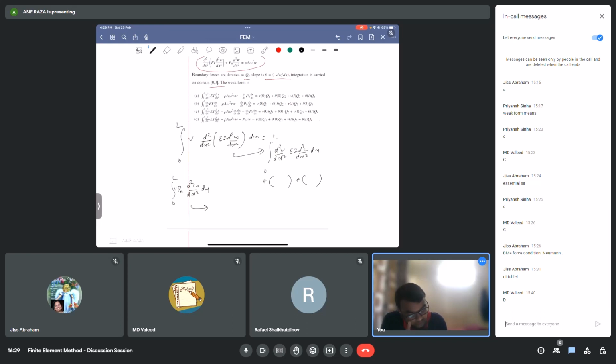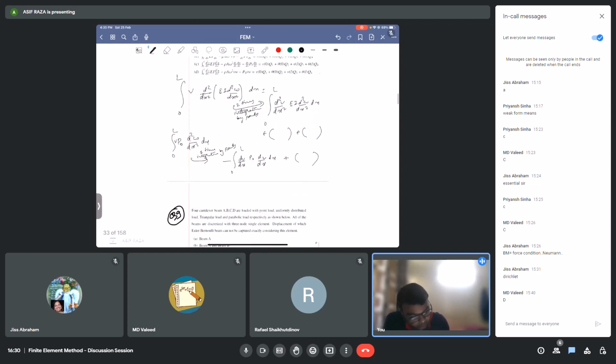So this required 2 times integration by parts, but this one will require only 1 time integration by parts, and this will give me dv by dx, P naught dw by dx, dx 0 to L. And when I integrate it once, this will have a minus sign and again some boundary terms.